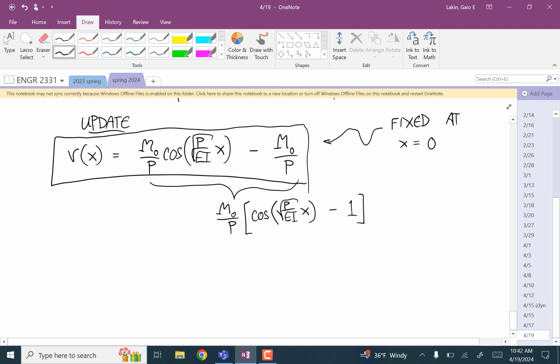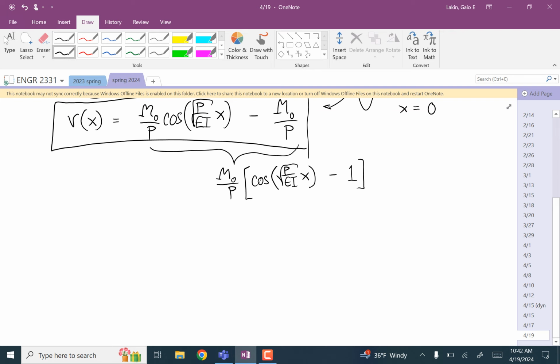Okay, so now what you need to notice is that this is exactly the same set of steps that we used in the pinned case at the base. So now we're going to use the boundary conditions at x equals L. The first case we're going to consider is free at the top.